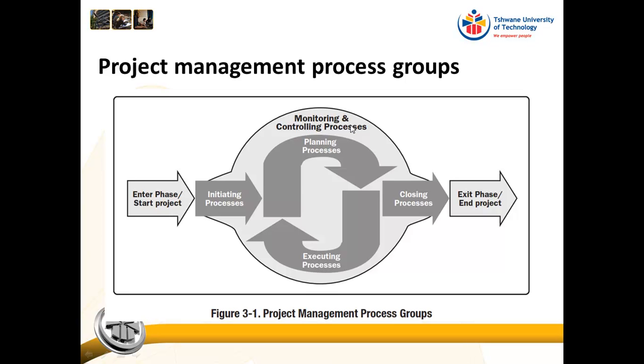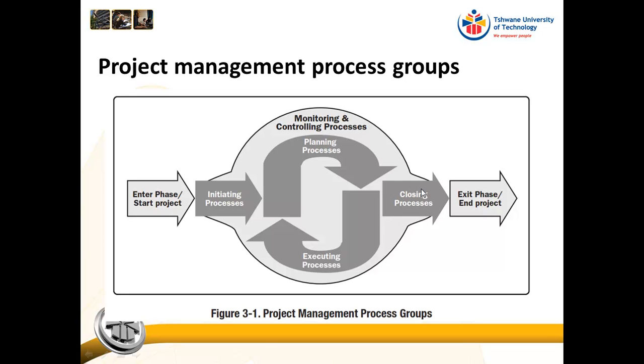Monitoring and controlling is normally done during execution, and we then close the project, and this is where we make sure that the customer has accepted the project, where we do administrative closure, and where we capture lessons learned.